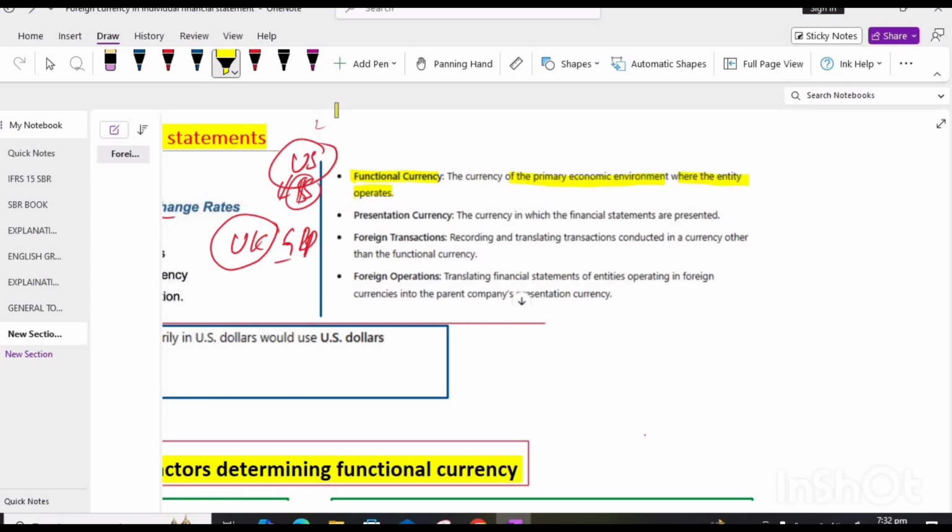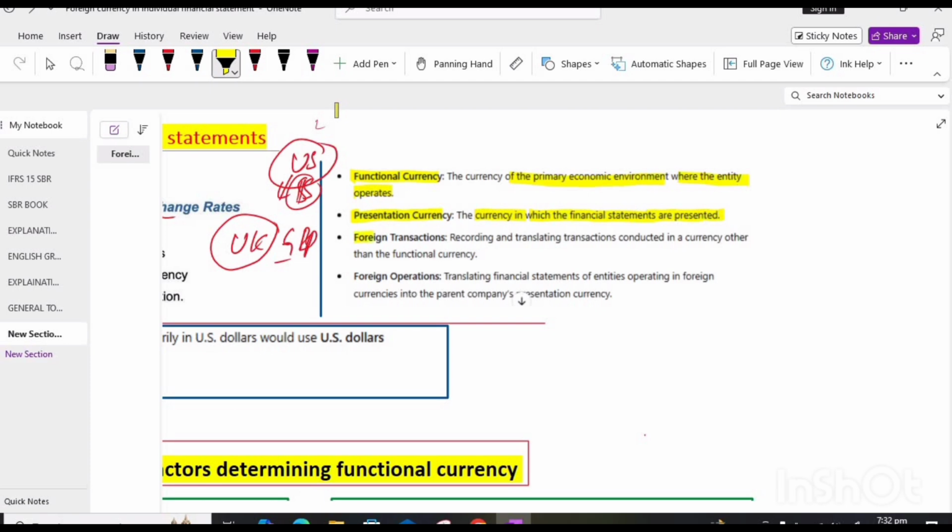Clear? On the other hand, presentation currency is the currency in which the financial statements are presented. So presentation currency is the currency we use for the presentation of the report, while functional currency is the currency of the primary economic environment where the entity operates. Clear?